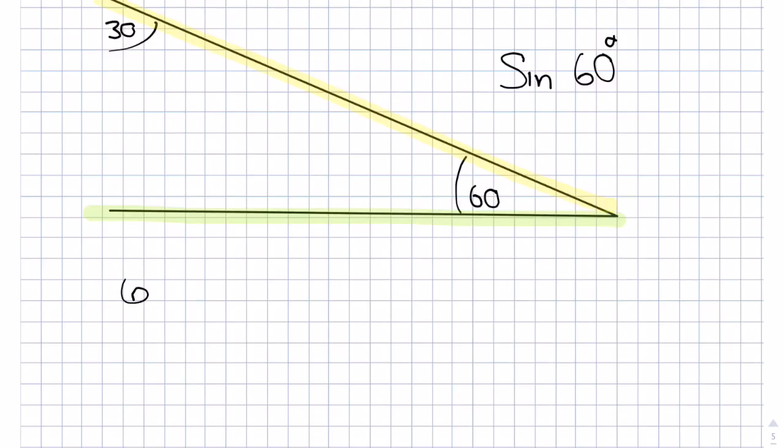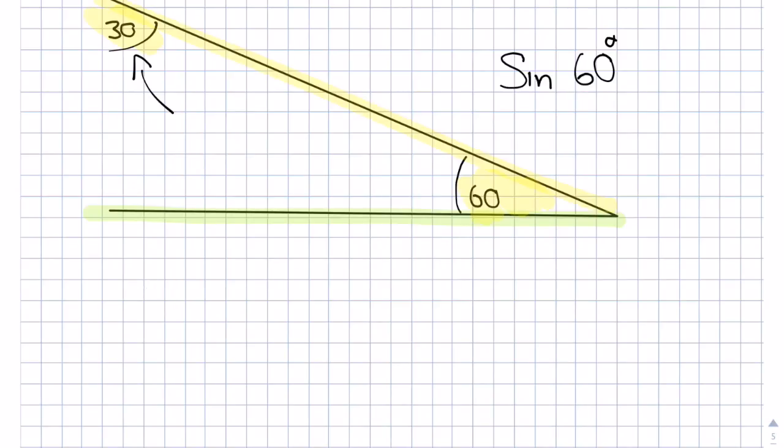Alright, so yeah, like I was saying, 30 degrees is 90 minus 60. This angle here and this angle here are complement angles to each other.